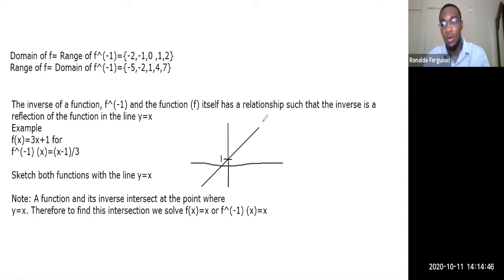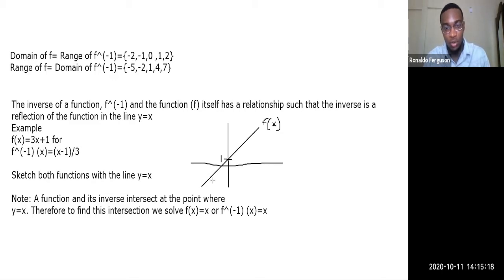So this is y equals f of x. Now the inverse function has a gradient of 1 over 3 and passes through minus 1 over 3. So that would look something like this. The red line is going to be for the inverse function.